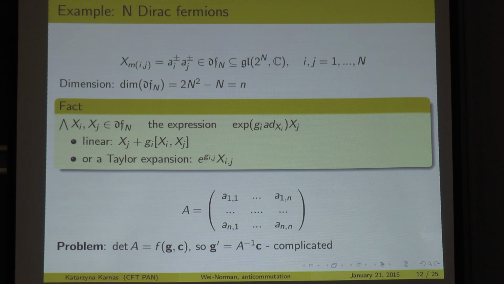But the idea is that we work in a little different basis where they are their own conjugates. This will appear in a moment. For example, the Jordan-Wigner transformation for Dirac and Majorana fermions.